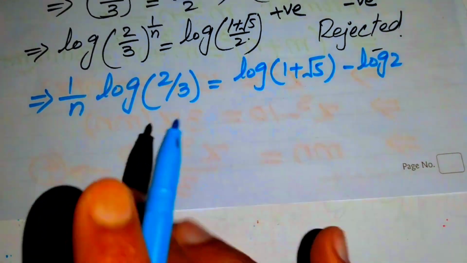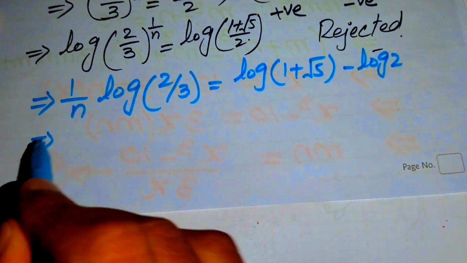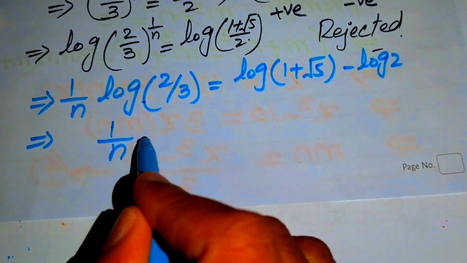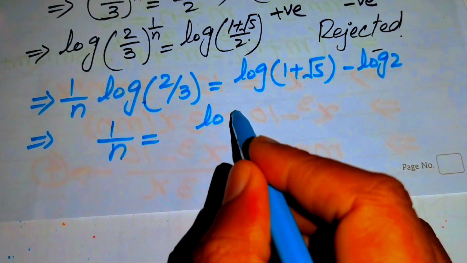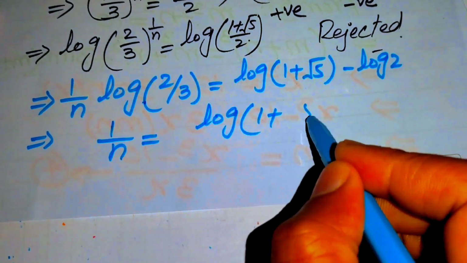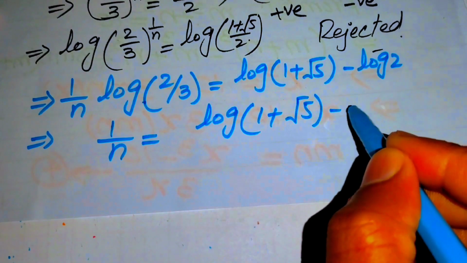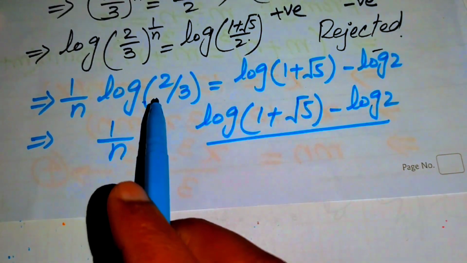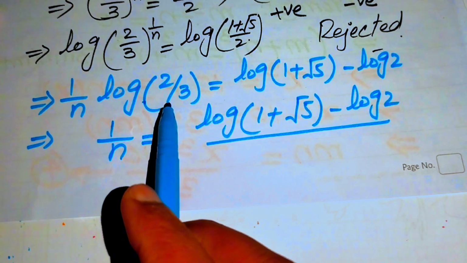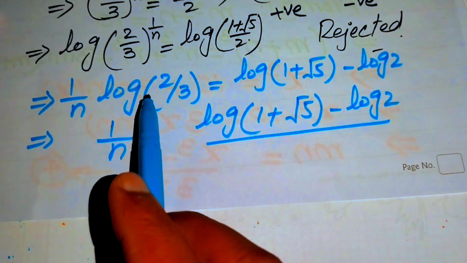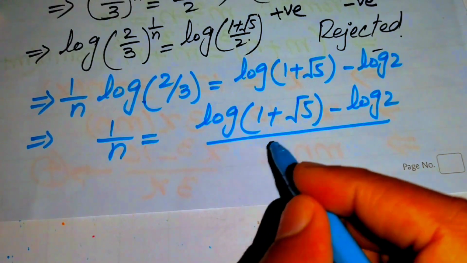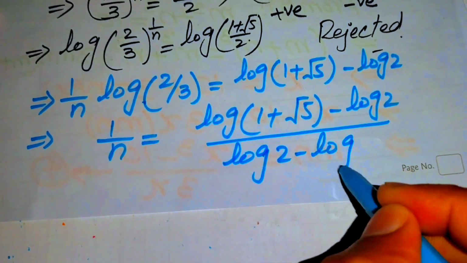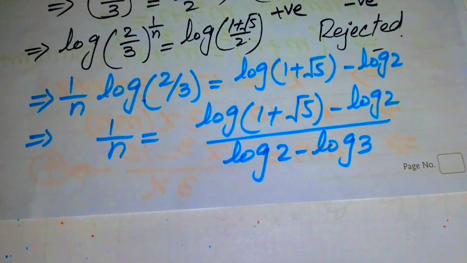And similarly here we move this log 2 by 3 to the right hand side, and we get 1 over n equals to log of 1 plus square root of 5 minus log of 2 divided by log 2 over 3, so when you apply the property of log, we write this expression as log of 2 minus log of 3.